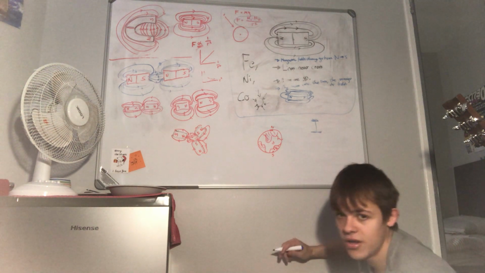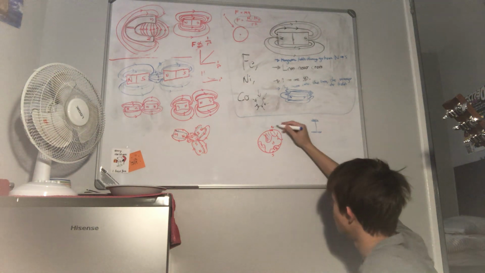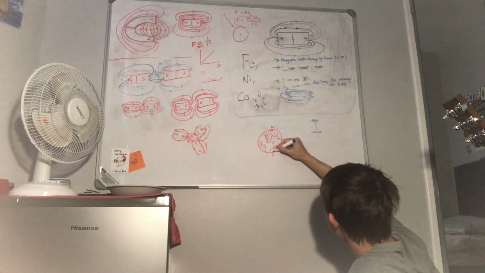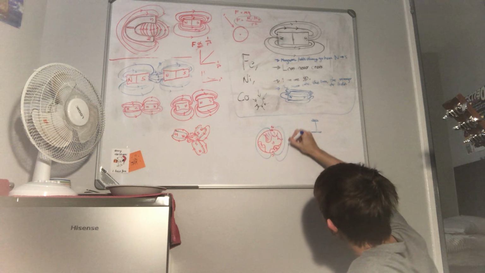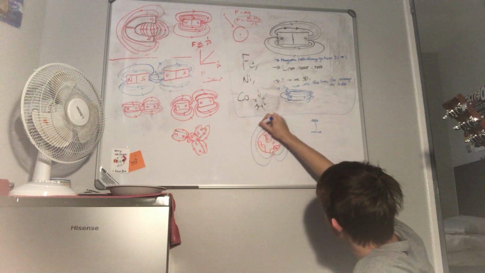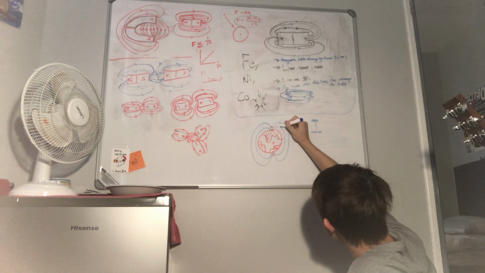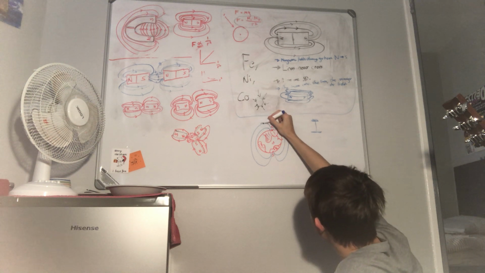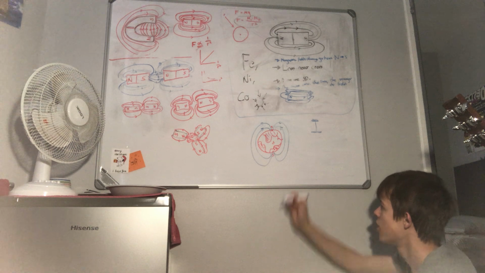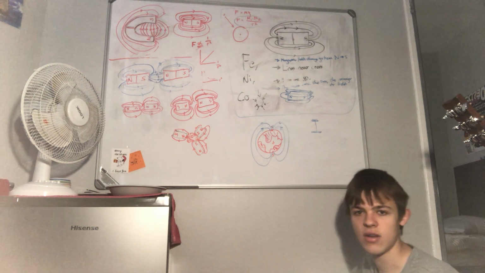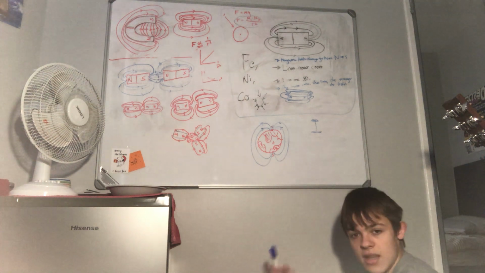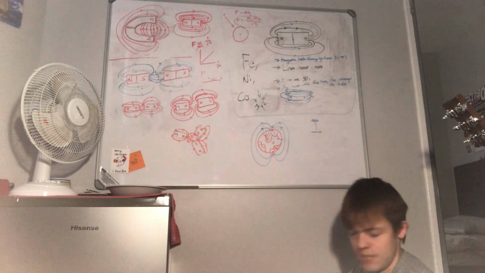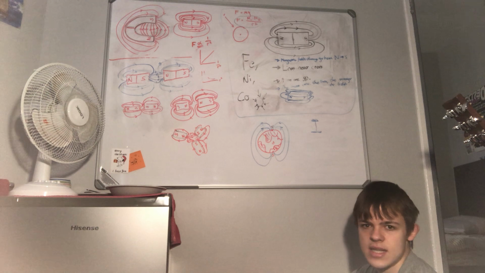So on Earth, because the compass points north when I put it in the magnetic field on Earth, it goes like this. Because the Earth has a ferromagnetic, it points towards north. Let's make that north. So you know that the Earth has a center in the middle made of liquid iron, nickel and stuff like that.